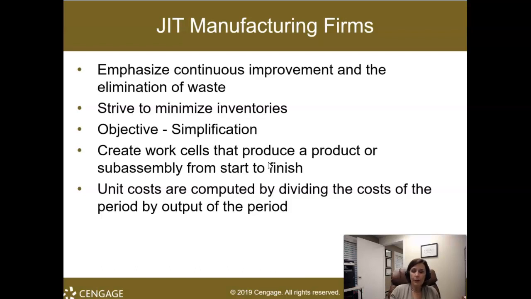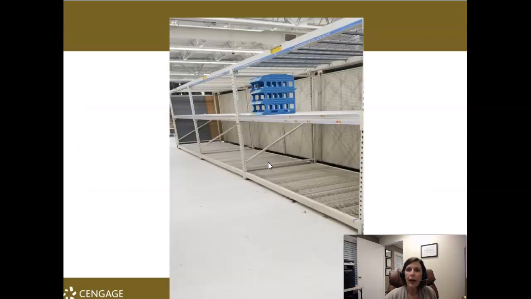Now, I have included this slide, which is an addition that I didn't used to include, and this is the downside of just in time, because you've got this concept that you don't want to have excess stock on hand. And what happens if there's a global pandemic and a run on, you guessed it, toilet paper?